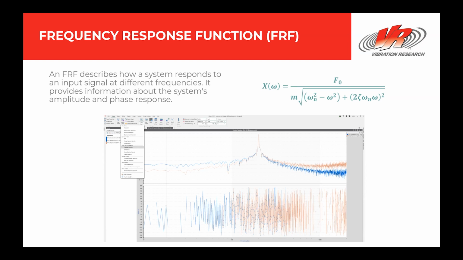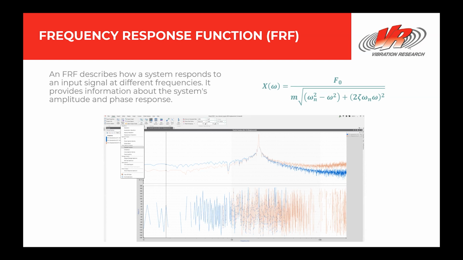Fundamental to the whole explanation is the frequency response function, which we talked a little bit about earlier, or as it's called, an FRF. An FRF describes how a system responds to an input signal at different frequencies. It provides information about the system's amplitude and phase response.